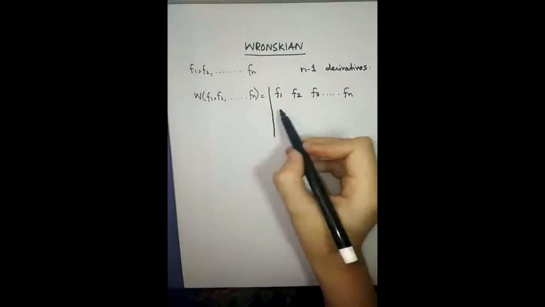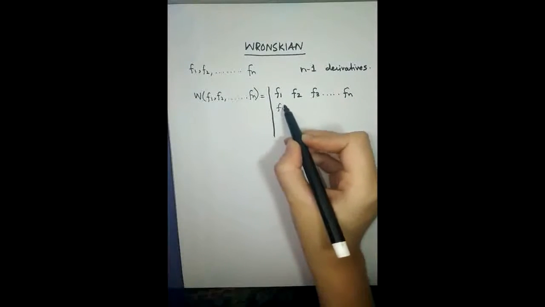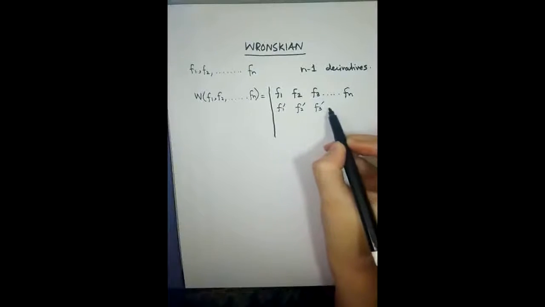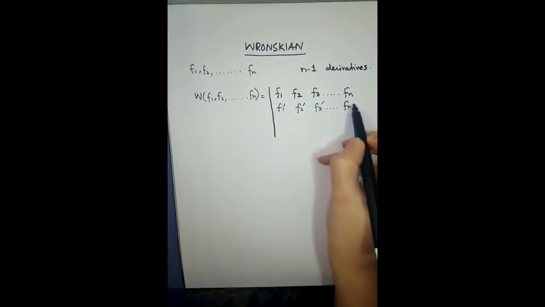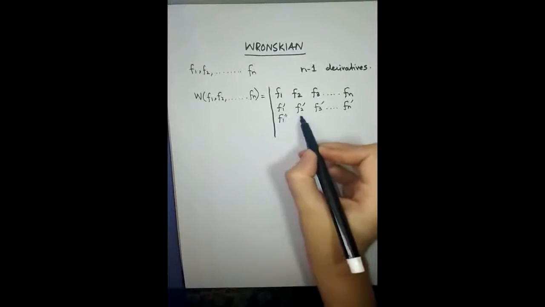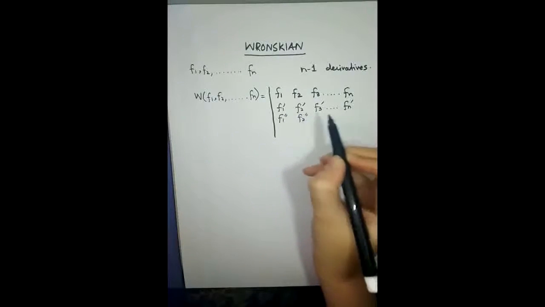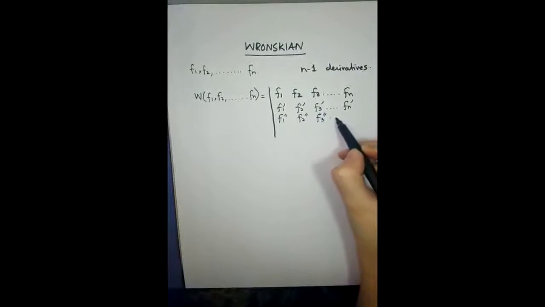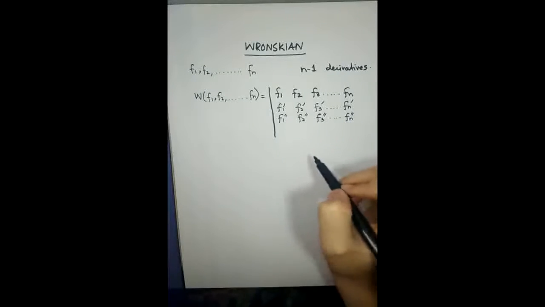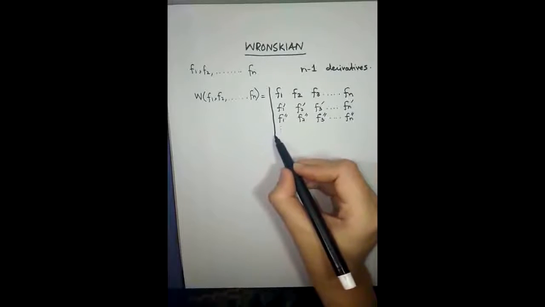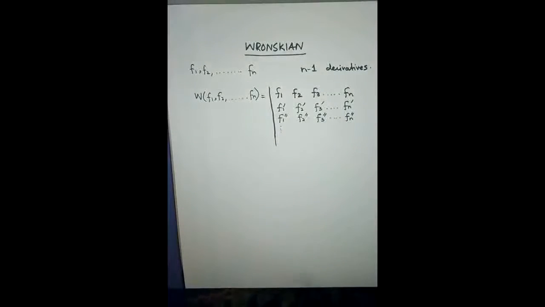Similarly, in the second row, the first derivative of each function. Third row, second derivative of f1, second derivative of f2, second derivative of f3, and second derivative of fn. Alright, so up to, I told you, n minus 1 derivative.